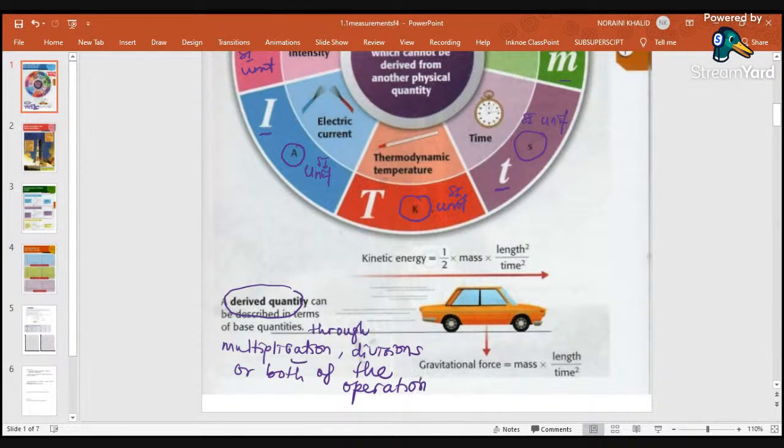Means kalau ada multiply and division, so there must be formula. So all the quantity that you determine by using formula combination of physical quantities, we call it derived quantity.